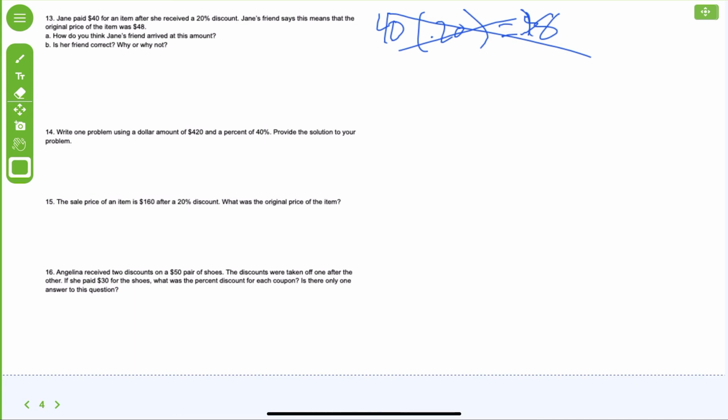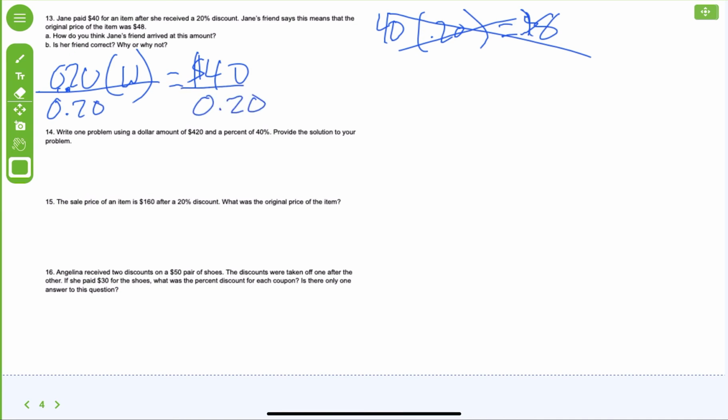What we would say is, she paid $40, which is the quantity, and we would say 20% of what whole number, or what's the whole that she paid. So all we have to do is divide by 20%.